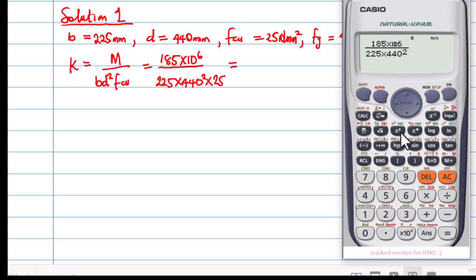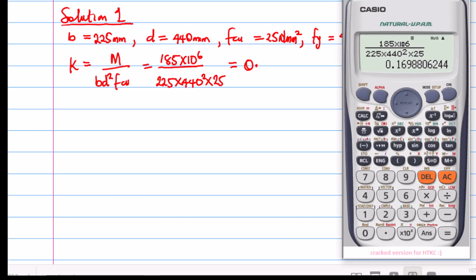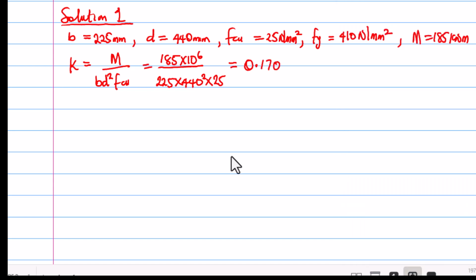Okay, then times 25. And that is equal to 0.169 approximately. That is 0.170. So if that is the value of our K, we now need to go to our code and check what that stands for.